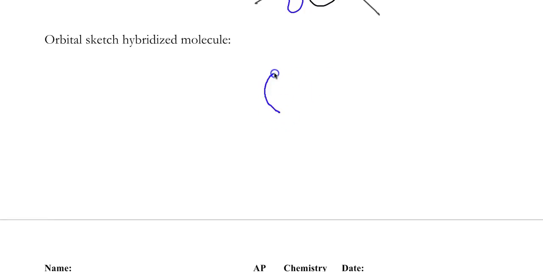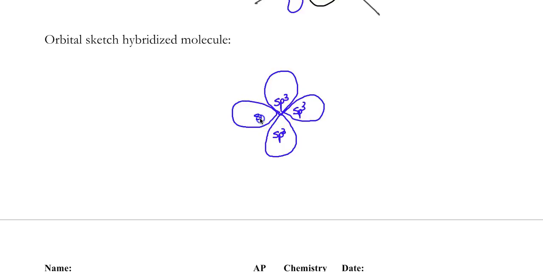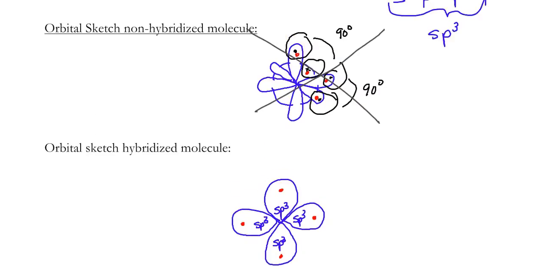So this carbon would have 1 sp3 here, and then we'd have another sp3 here, and another sp3 here, and of course another sp3 here. They should all be the same size. Now, I'm drawing it 2-dimensionally, so it's tough to realize, but we'll just stay in 2 dimensions for right now. I'm sorry, the carbon has 4 valence electrons, 1 electron in each of the sp3 orbitals.